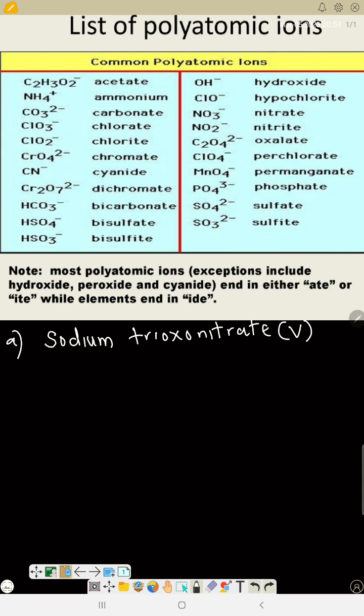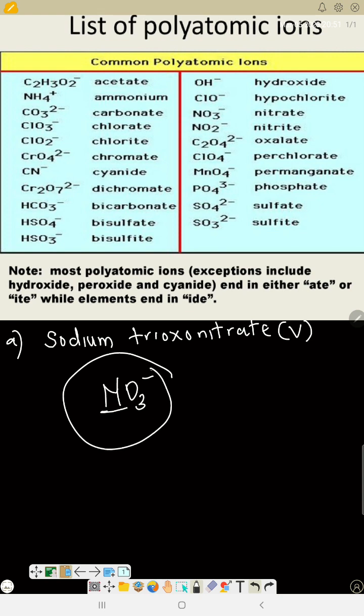Now sodium trioxonitrate 5. So I said NO3 is nitrate in short, or trioxonitrate 5. Take note. Now how is it trioxonitrate 5? You know, I told you that, let's say I underline oxygen here based on the previous video.